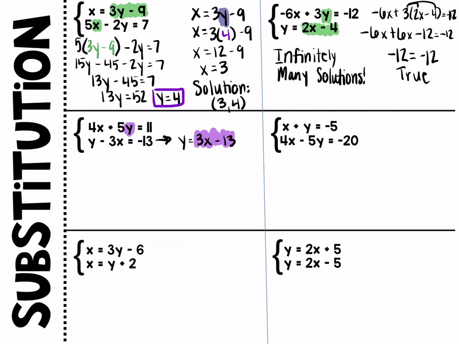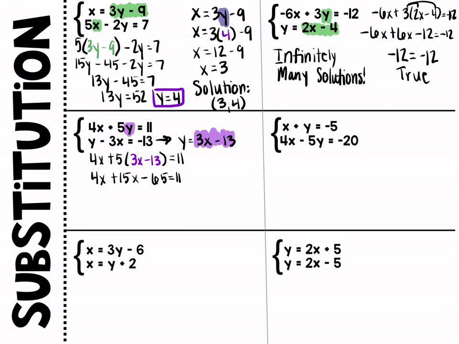So over here I have 4x plus 5 times (3x minus 13) equals 11. Then I'm going to do the distributive property. So I have 4x plus 15x minus 5 times 13, which is 65, equals 11.